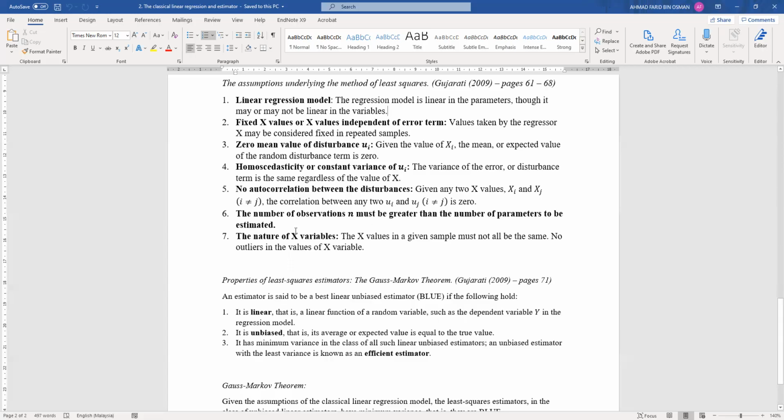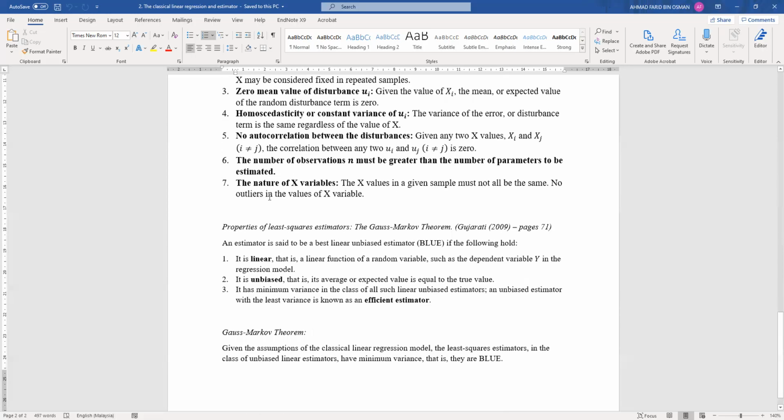And then the next one, the number of observations n must be greater than the number of parameters to be estimated. And then the nature of the x variable: the x values in a given sample must not all be the same, and there should be no outliers in the x variable. So it requires x to have variation in its values.